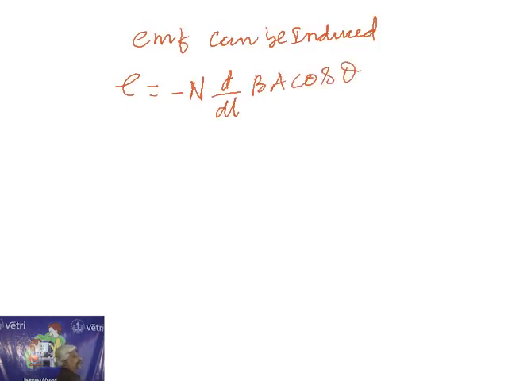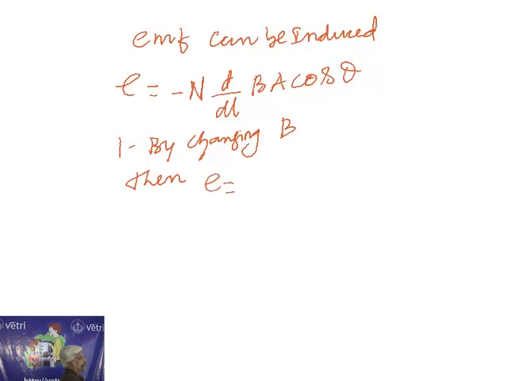So there are three ways. Number one is by changing B. The EMF can be induced by changing B. If you are changing B, the other parameters, A and theta, may be constant. Then what happens?